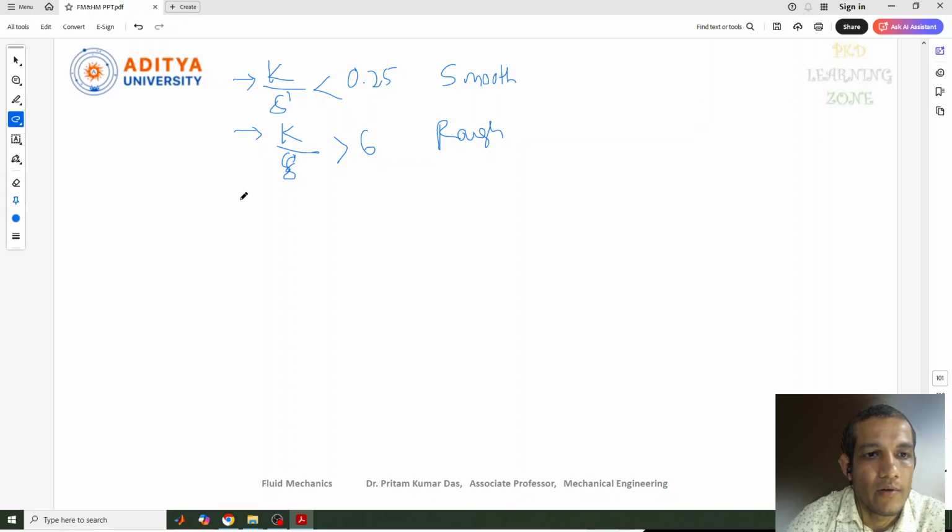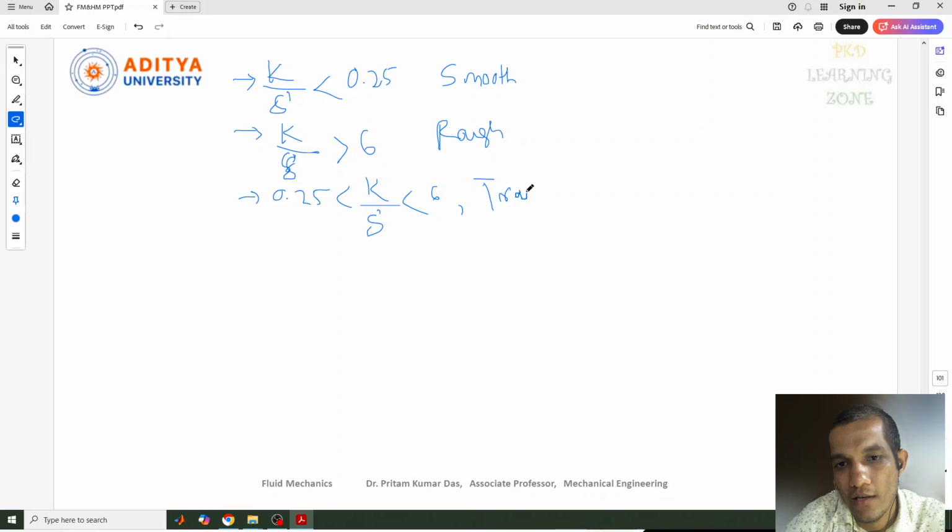Now another condition: if the value of K by delta star lies in between these two, greater than 0.25 and less than 6, then the boundary is in transition. So we have smooth, rough and transition.